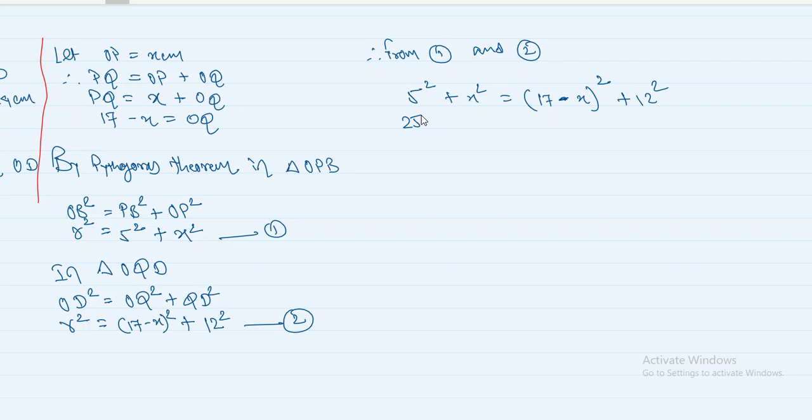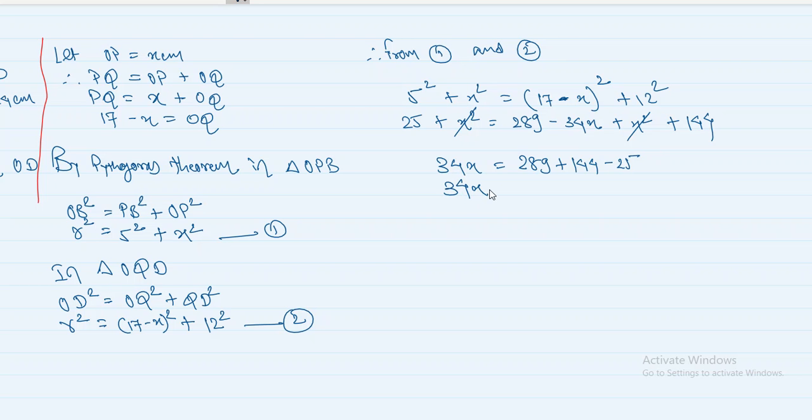So 25 plus x square is equal to 17 square, which is 289, minus 34x plus x square plus 144. X square gets cancelled. 34x comes this side, and 289 plus 144 minus 25.